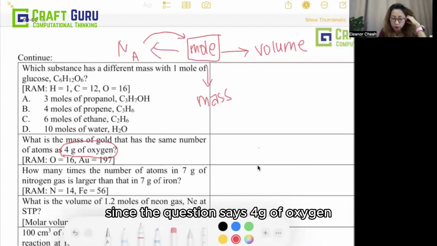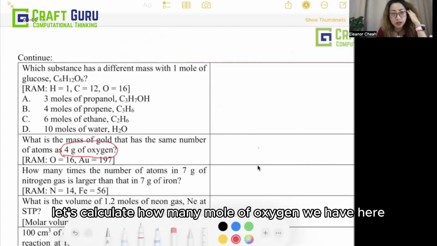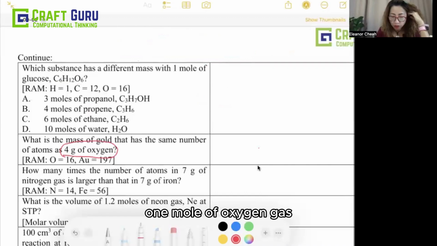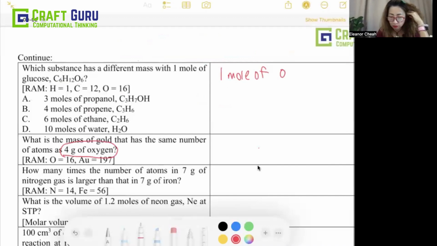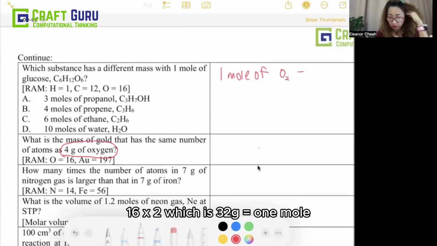Since the question says 4 grams of oxygen, let's calculate how many mole of oxygen we have here. 1 mole of oxygen gas, the natural appearance, is 16 times 2, which is 32 grams. So 32 grams is 1 mole.